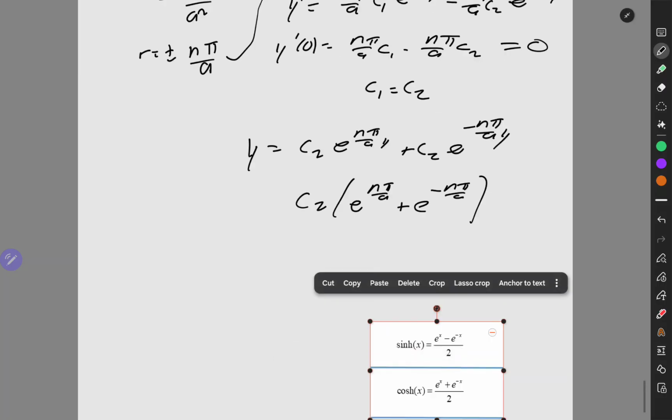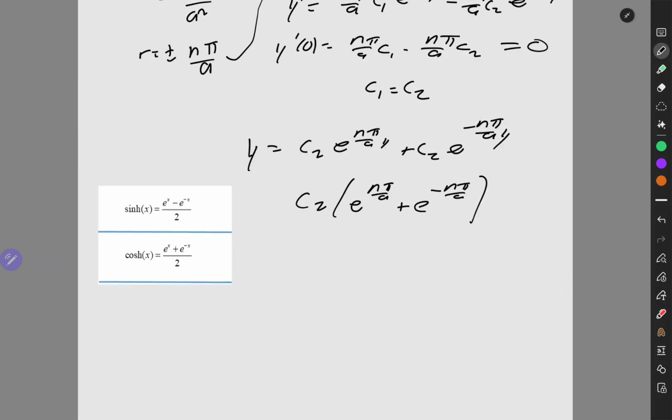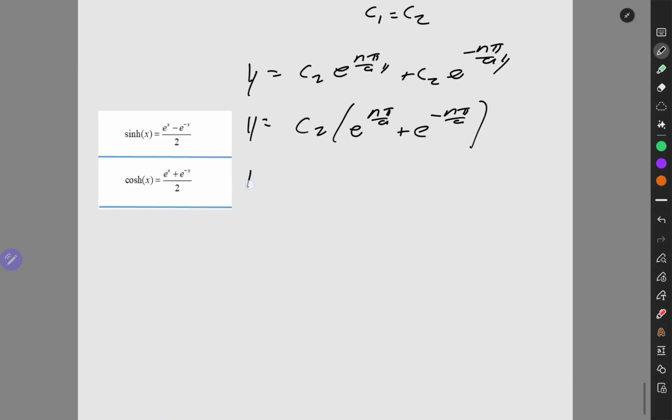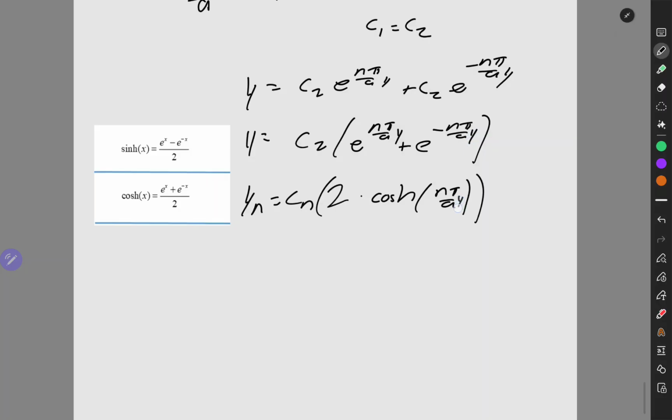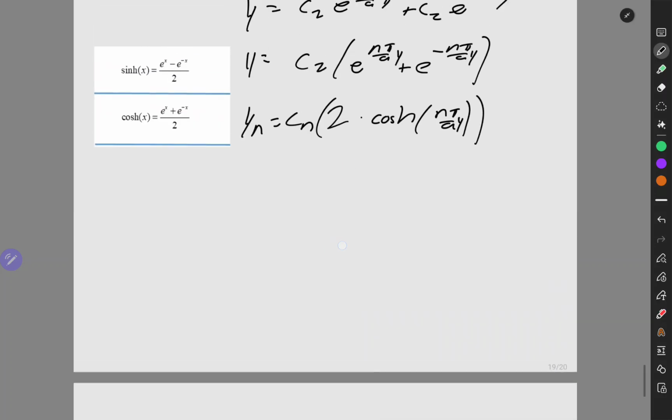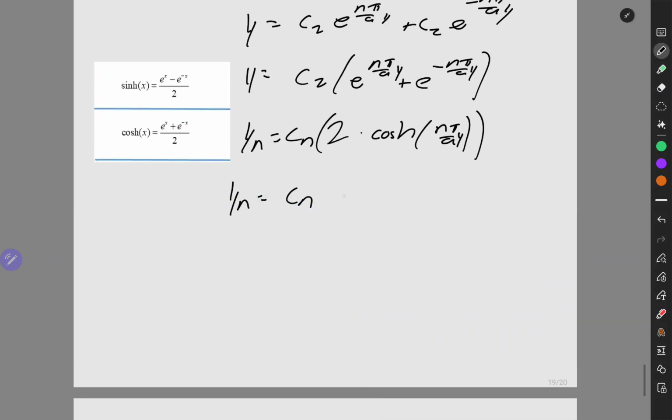Looks like cosine to me, I think. It is, yes. So we have the plus there. I'm going to turn this into n's. This is 2 times cosh n pi over a times y. Two combines with the cn. Technically, it becomes a new constant.